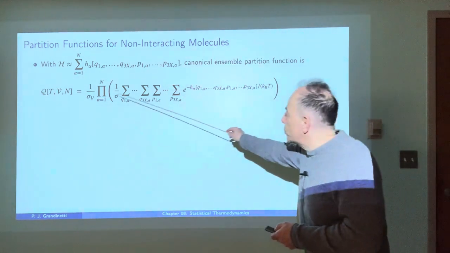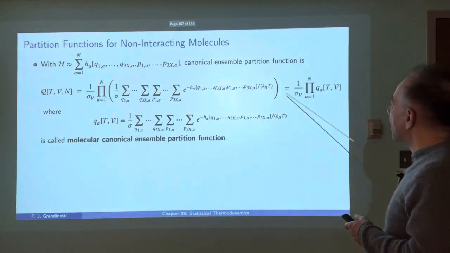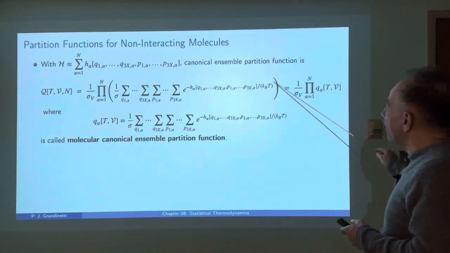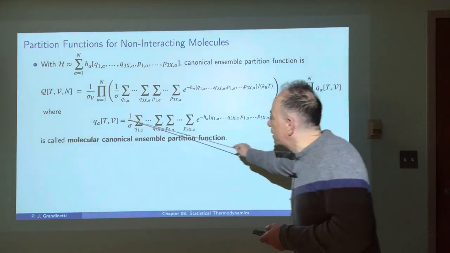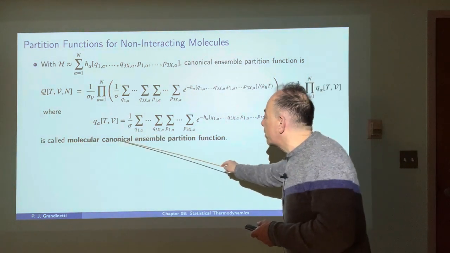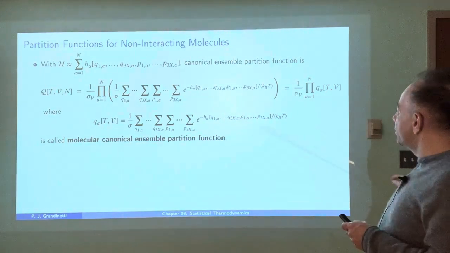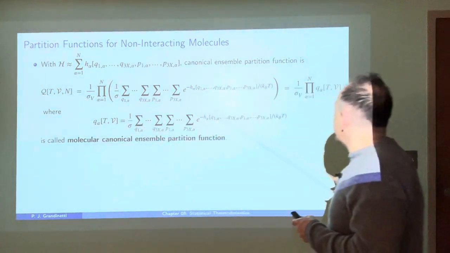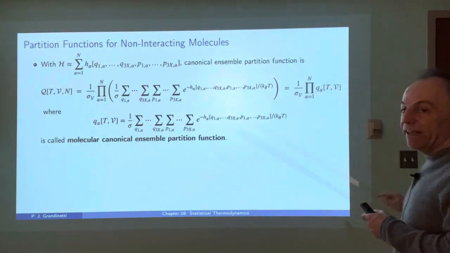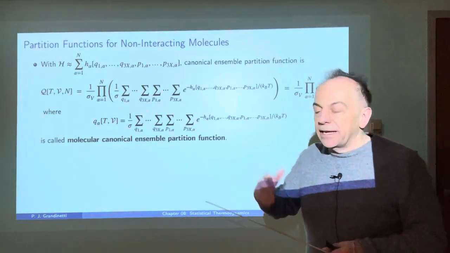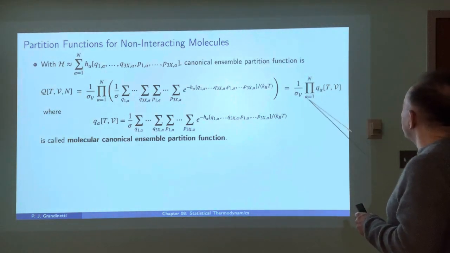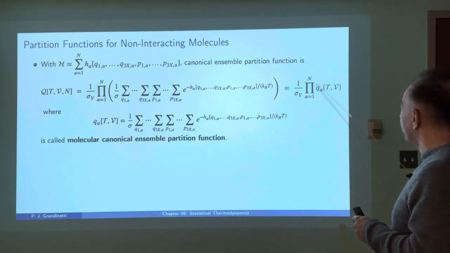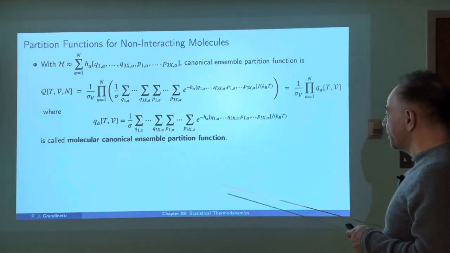Now, I've put parentheses here because I want to show you that this can be turned into a simpler form, where we take everything in parentheses and call it the molecular canonical ensemble partition function. So this is that partition function, and the canonical ensemble partition function now is just 1 over sigma v, where v is going to be N factorial for gas molecules, times a product of all of these molecular canonical ensemble partition functions for the N molecules that are in our system.